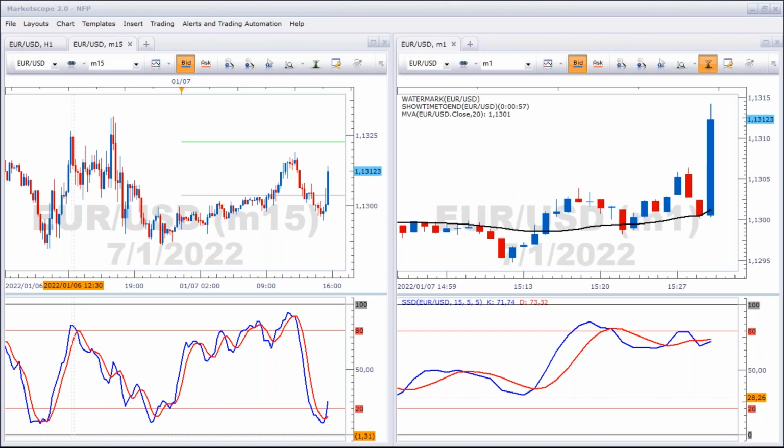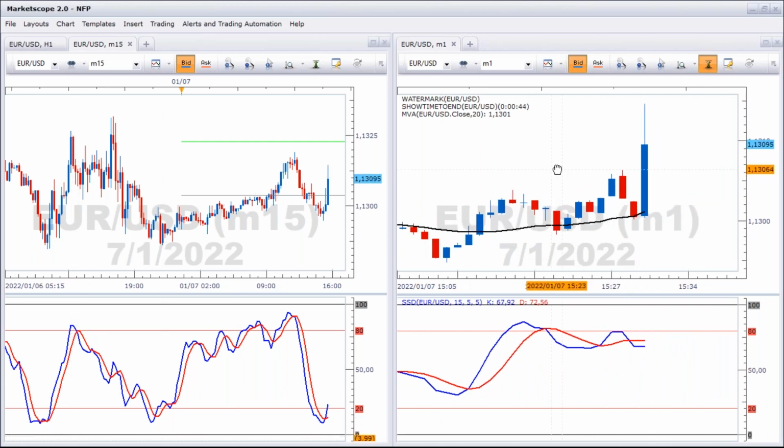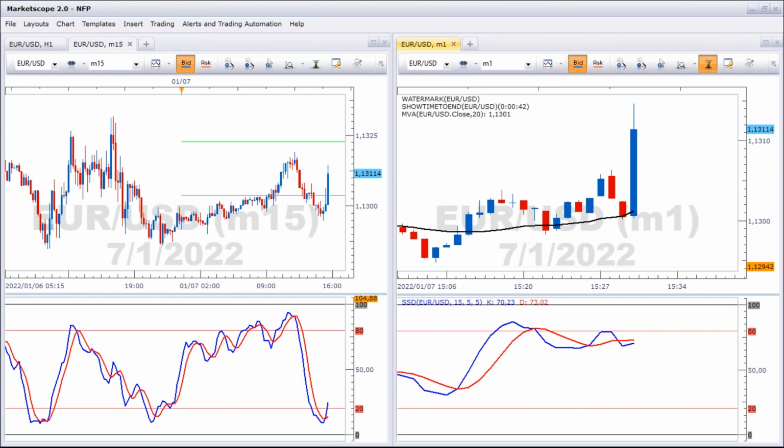There we go. All right. So initial move, we're getting a huge push into euro. So I would suspect that the initial is probably a miss. Let's see what we've got here.